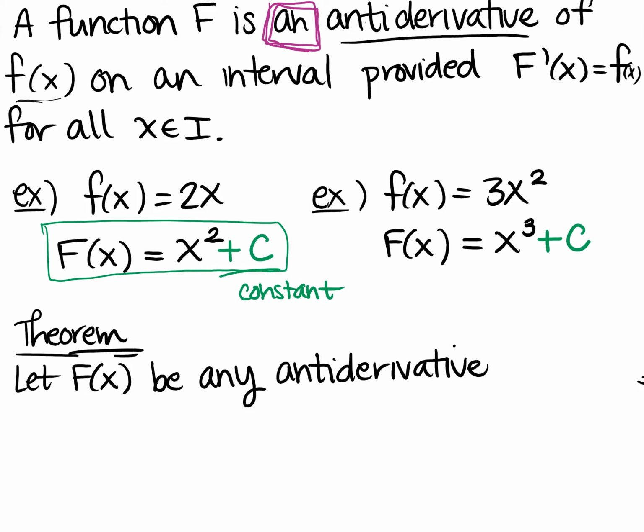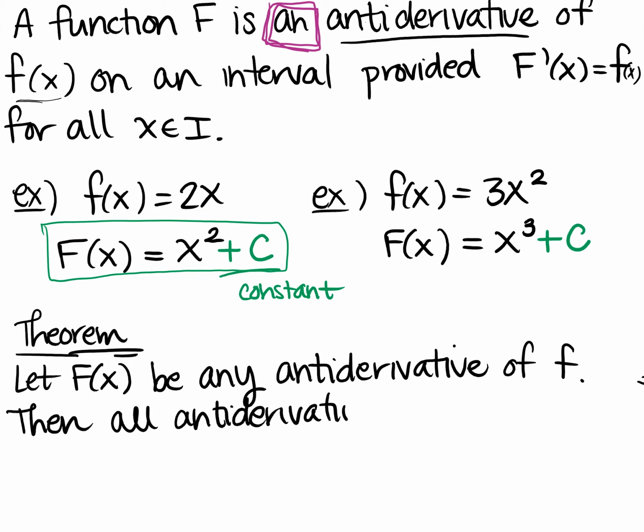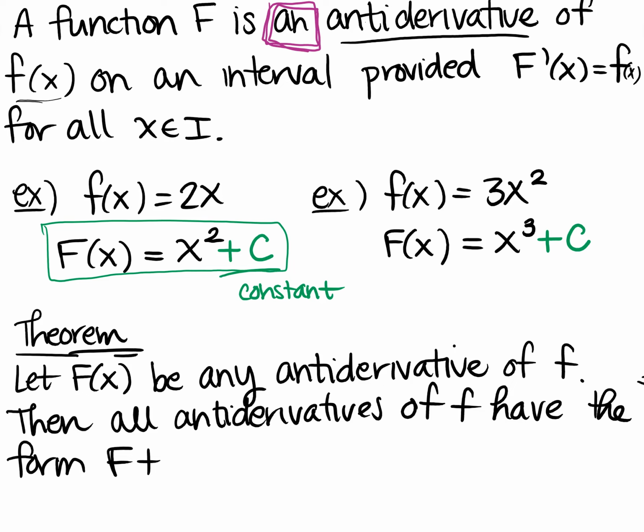Okay, so let F be any antiderivative of little f on an interval I. Then all antiderivatives of f on the interval I have the form, we just add that C, F plus C, where C is any arbitrary constant.